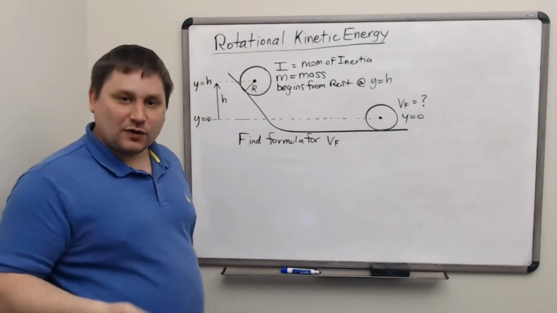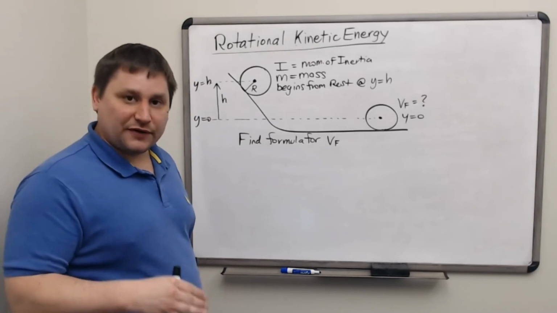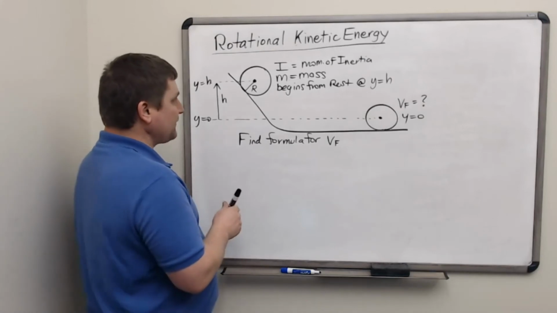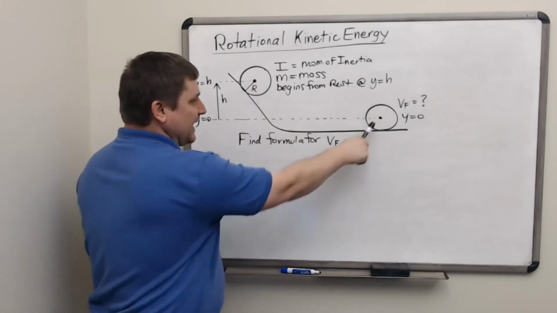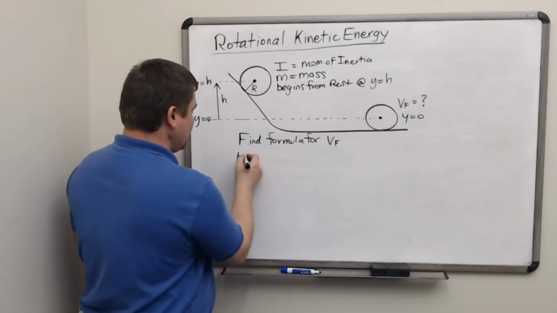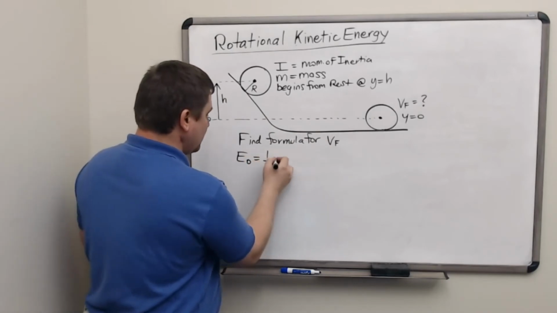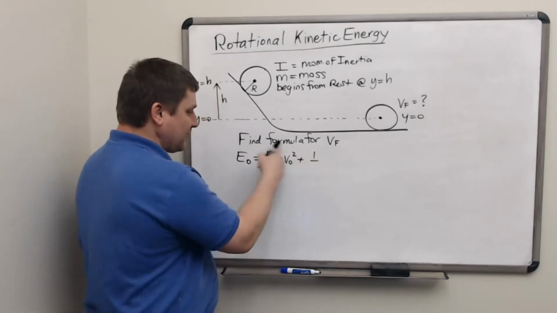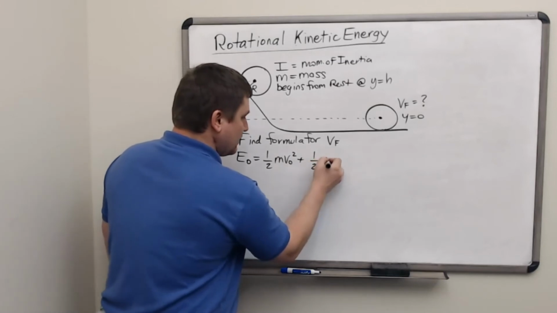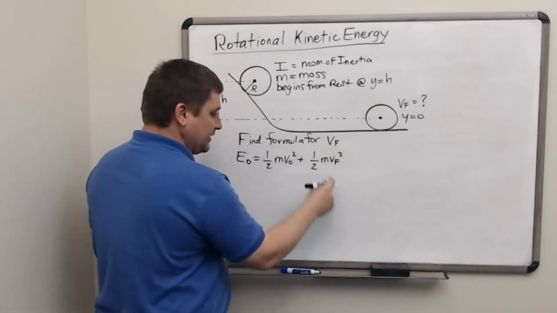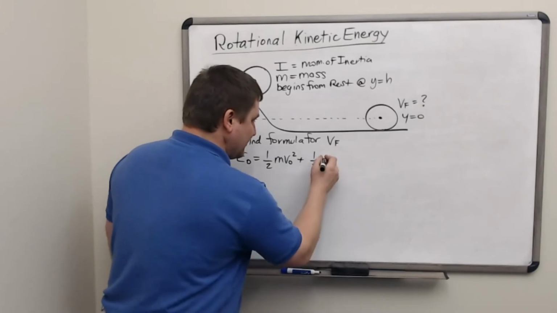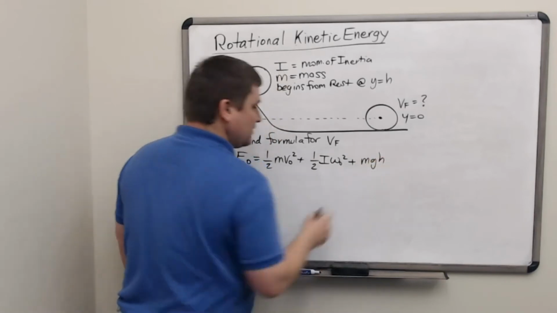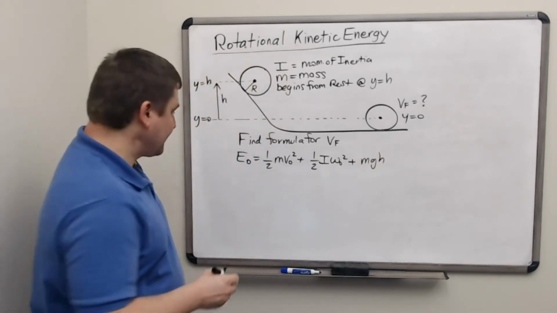So our approach to this will be based off of the constraint of rolling without slipping and conservation of energy. Let's write out the formula for the energy before and the energy in the final situation. We have a contribution to kinetic energy from motion, kinetic energy from rotation, and potential energy from its vertical position.